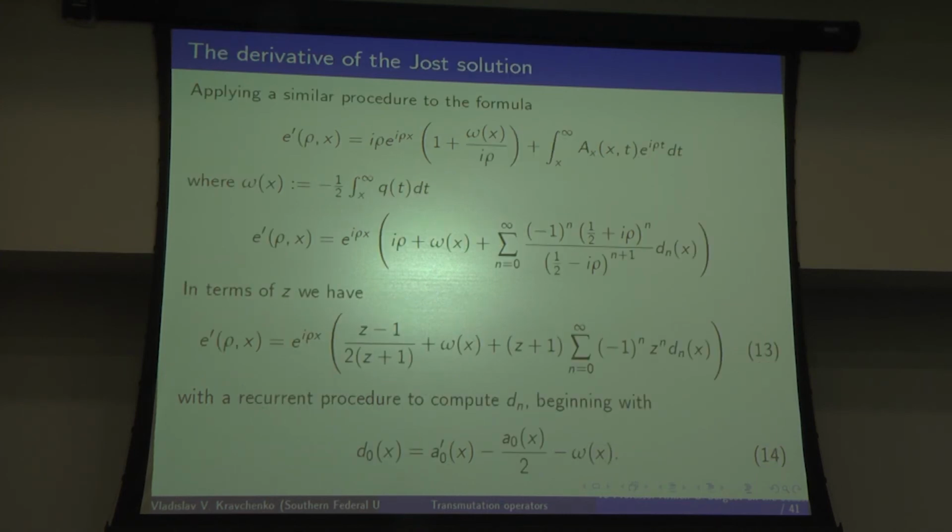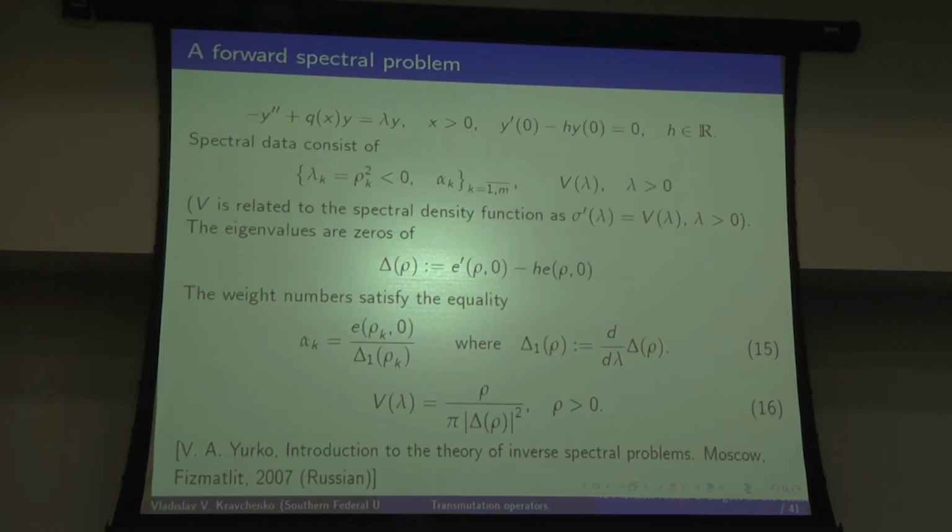Now, I will omit this part because, in fact, we need not only the Jost solution, but also its derivative for all computations. So we do the same for the derivative. We obtain the representation, more or less of the same kind, with the coefficients d_n, and for this representation a very simple procedure to compute them is also available.